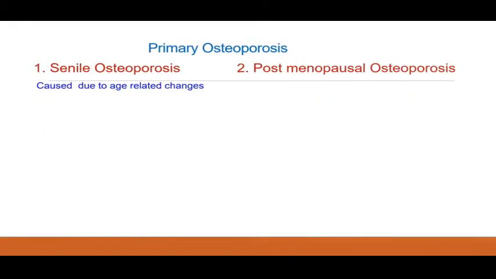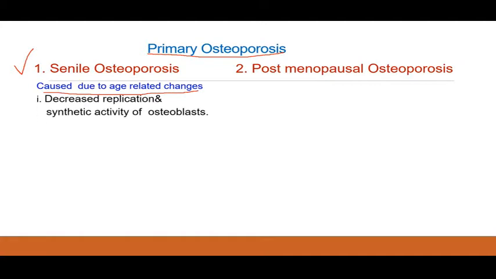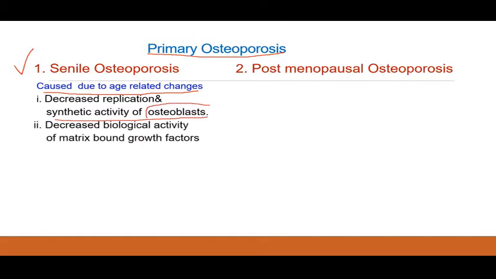First, the primary osteoporosis, and its first type is the senile osteoporosis. It is caused due to the age-related changes in the bone cells and matrix. These changes are like decreased replicative activity and synthetic activity of osteoblasts, decreased biological activities of matrix-bound growth factors, also reduced physical activity in old age, which further increases its chances.